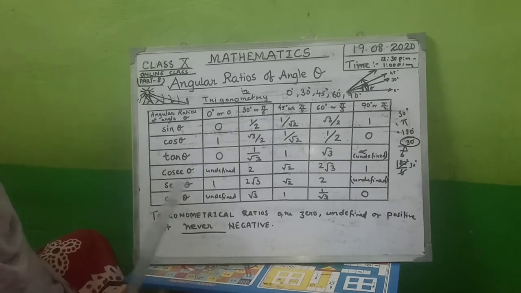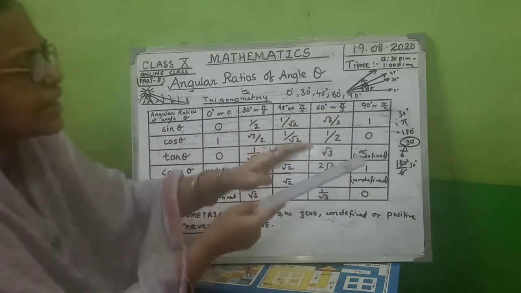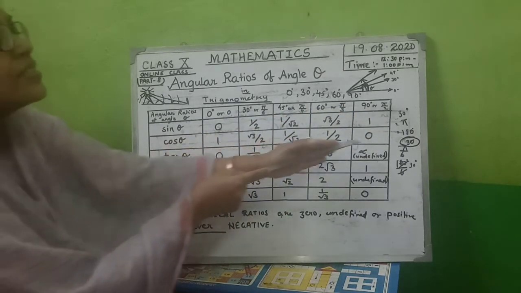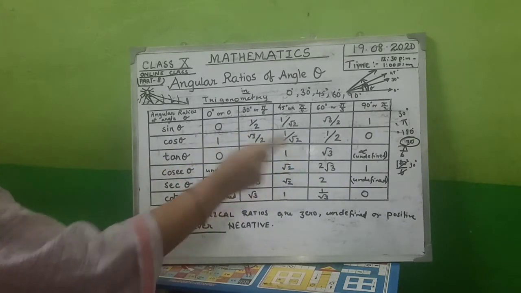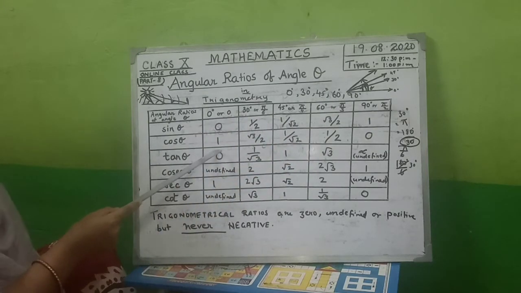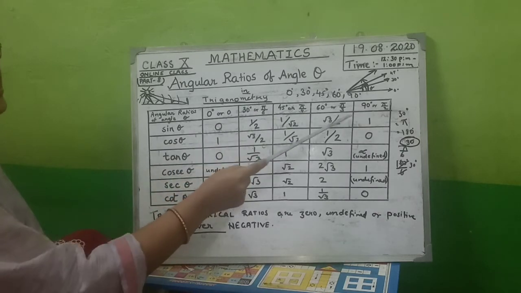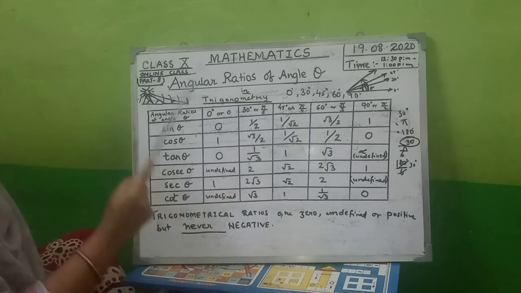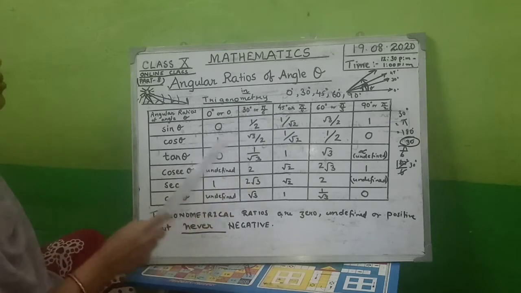Cos theta. Just look. Whatever I have written in sin theta, that I have written in reverse form in cos theta. That means sin 90 degree is 1, so in reverse pattern cos 0 degree will be 1. Sin 60 degree is root 3 by 2, so cos 30 degree is root 3 by 2. Just the opposite. Sin 45 degree is 1 by root 2.